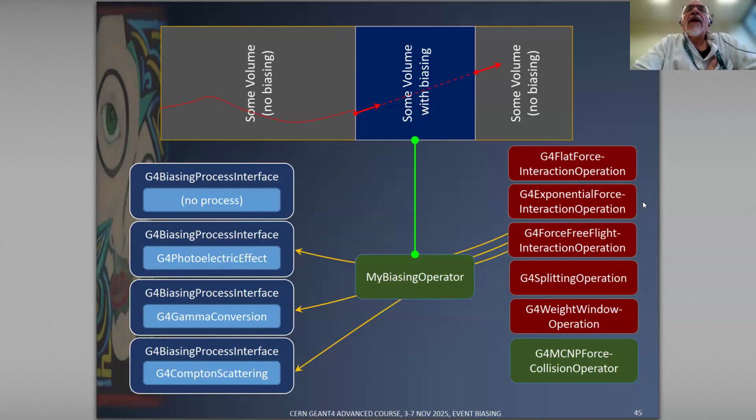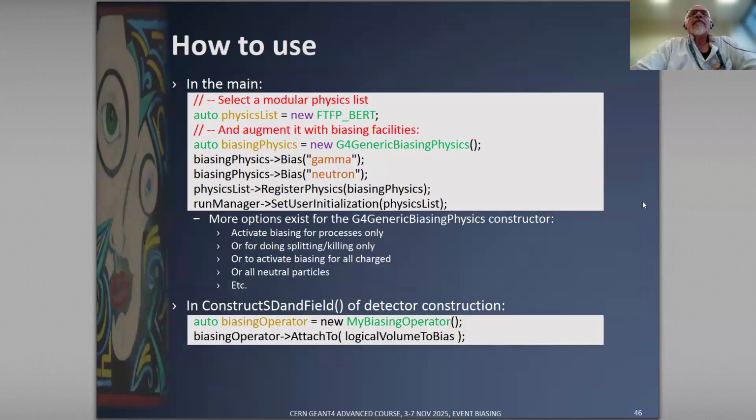Next slide. And it says, please force a free flight through the volume without interaction. And with that, in fact, we are re-implementing the MCNP biasing scheme. Next slide.